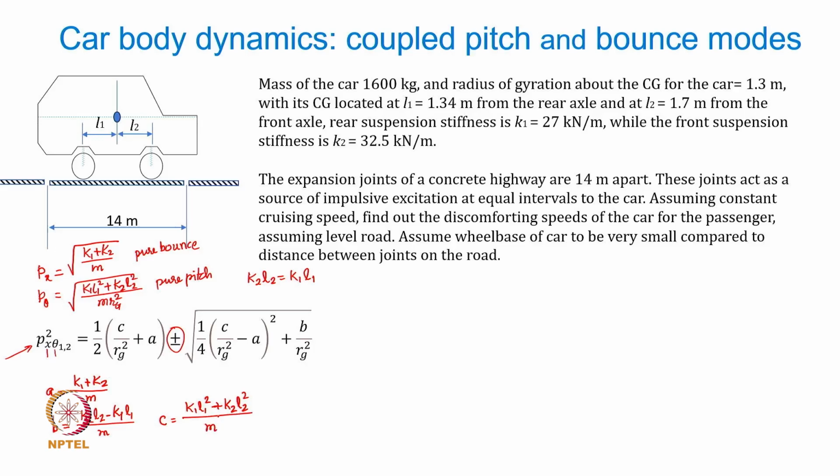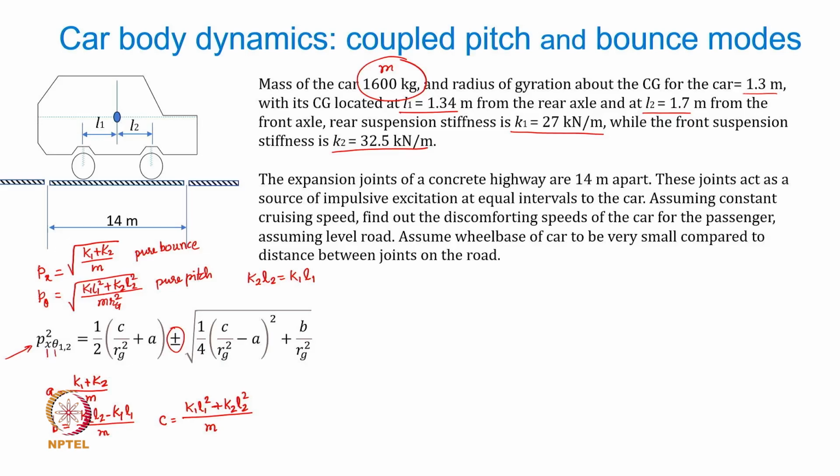So what are these values? These values are already given. So k1 is given, k2 is given, L1 is given, L2 is given, radius of gyration rg is given, and the mass of the car is also given. So you have everything that is required to find the 2 natural frequencies, and we find that out.